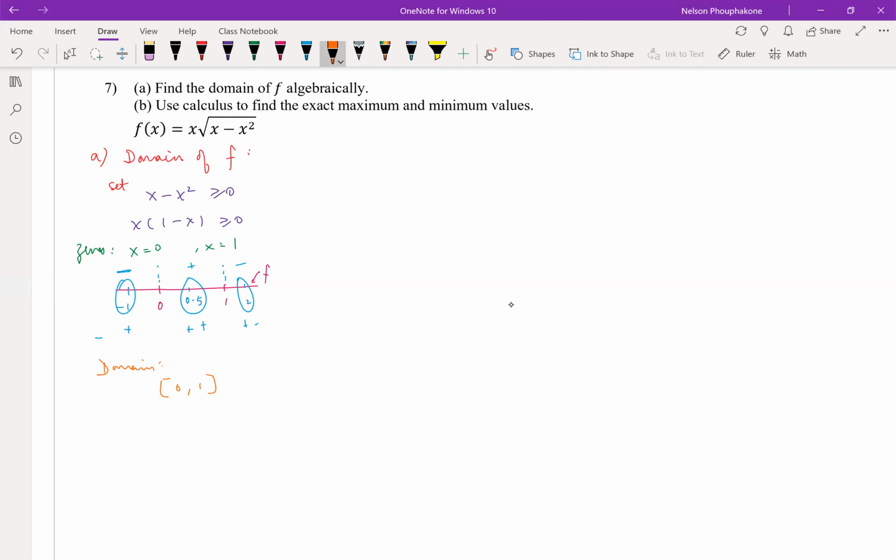Okay, then now let us work with B. For B, we are going to use calculus to find the exact maximum and minimum values. Now we need to work with the function, and we take the derivative.